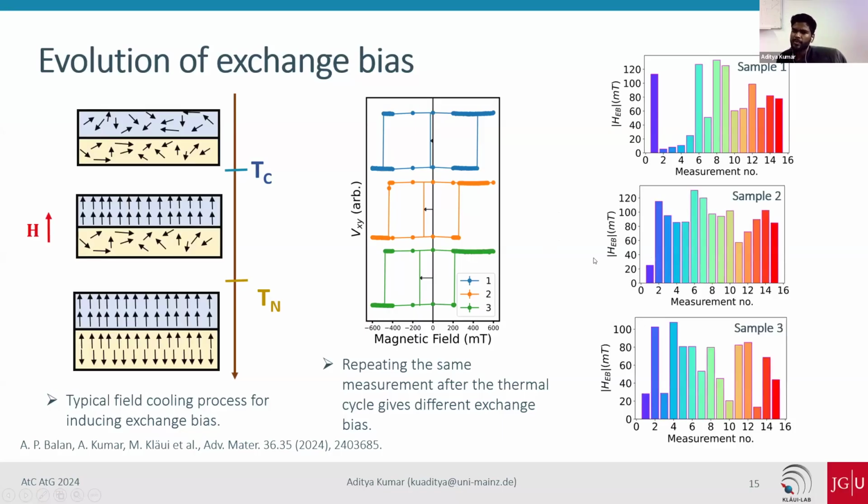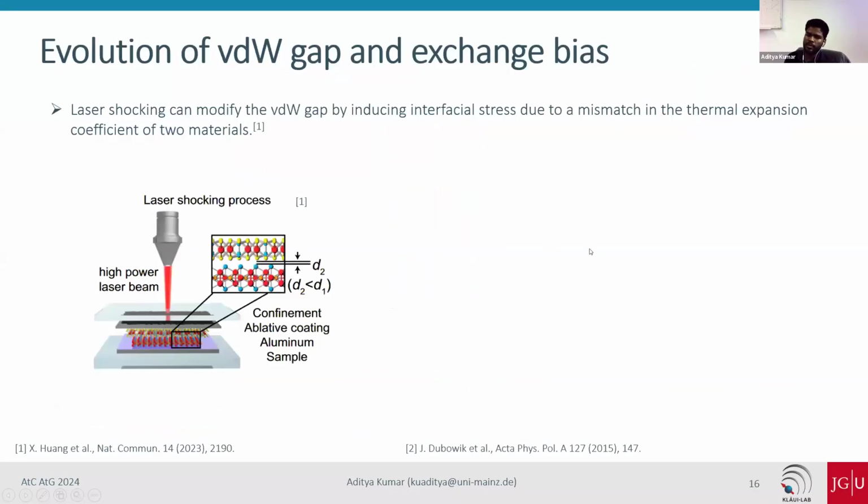So what's happening here? There was a recent work which showed that if you laser shock a van der Waals heterostructure, you're heating up the heterostructure, and the two materials that we have here would have different thermal expansion coefficients. So if you're heating them fast, there would be a large interfacial stress because of the mismatch in thermal expansion coefficients.